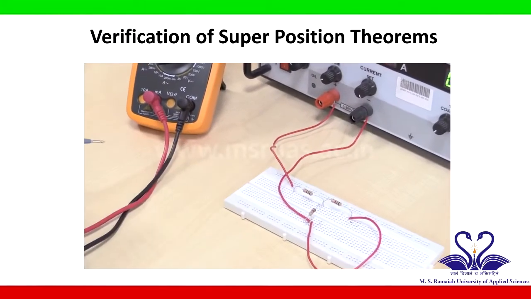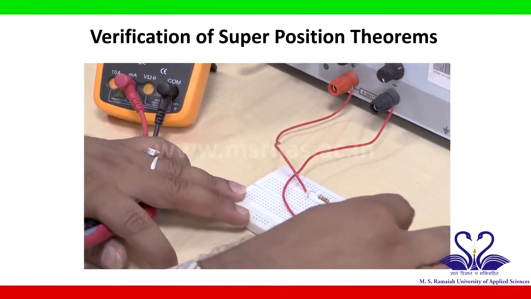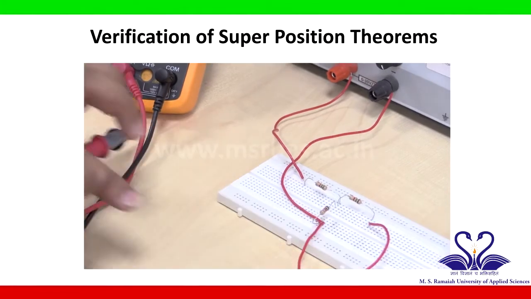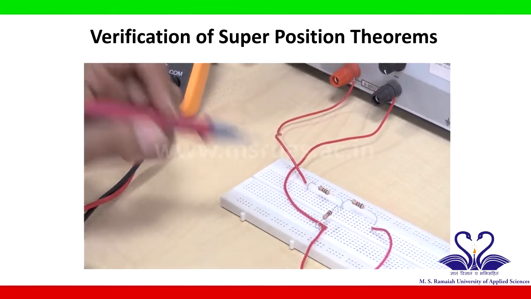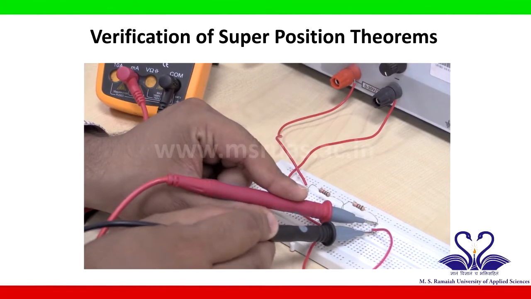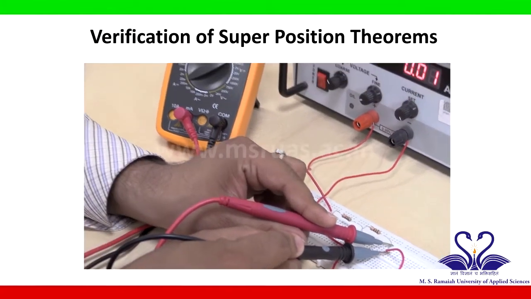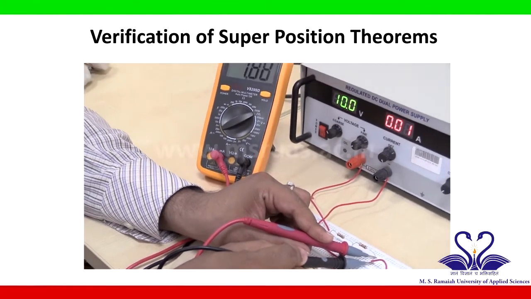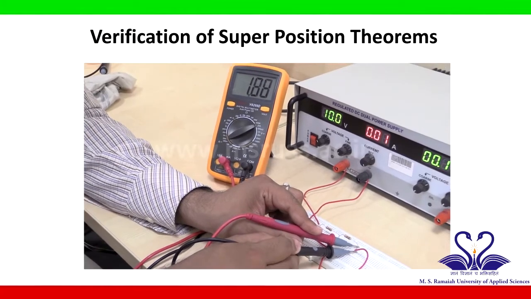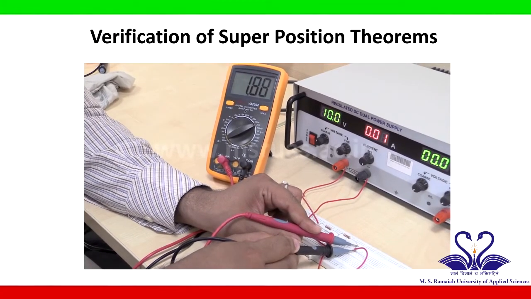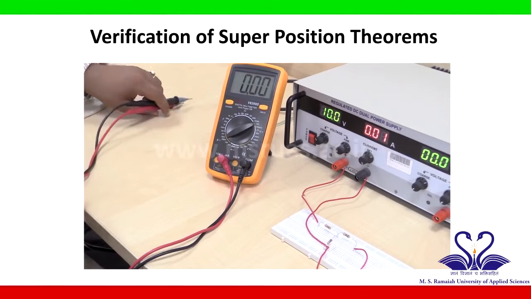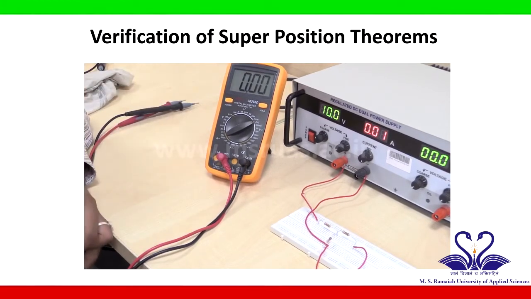And the current flowing through R3, that is I3, is 1.88 milliamps. Now this completes the second part of the experiment.